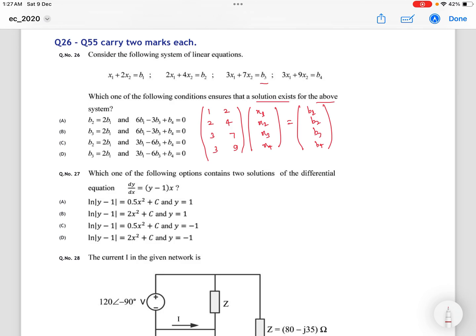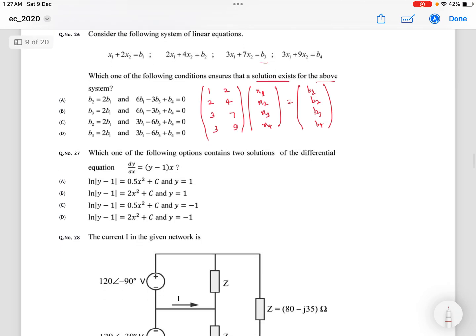Now what we can do is form an augmented matrix that will be 1 2 2 4, 3 7 3 9, and here we will have b1, b2, b3, b4. Now let's apply the elimination.